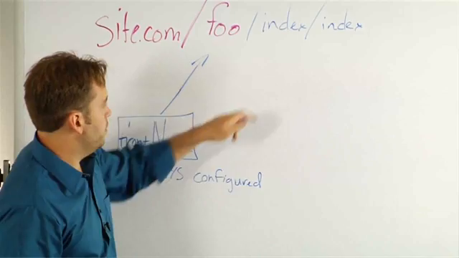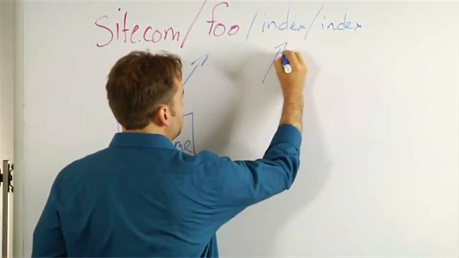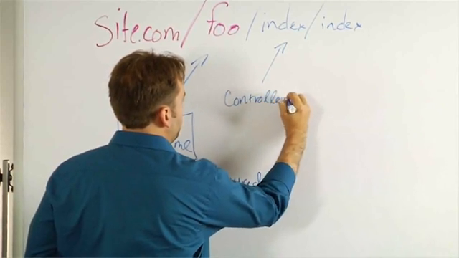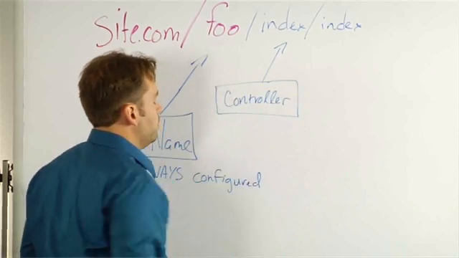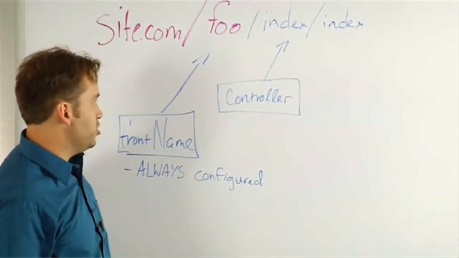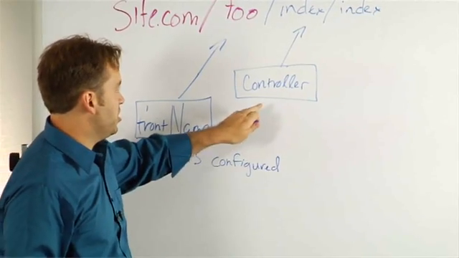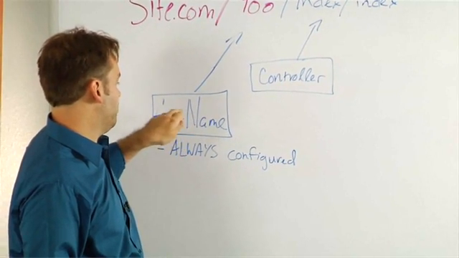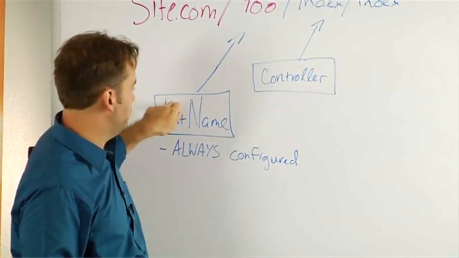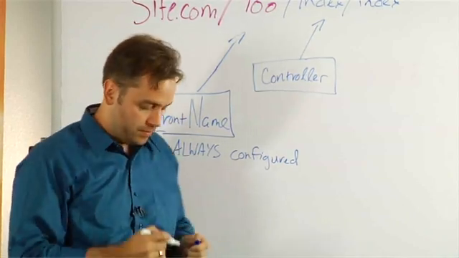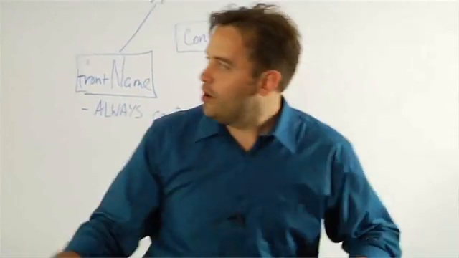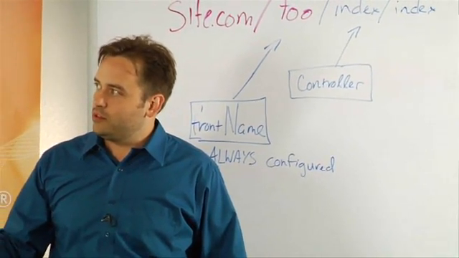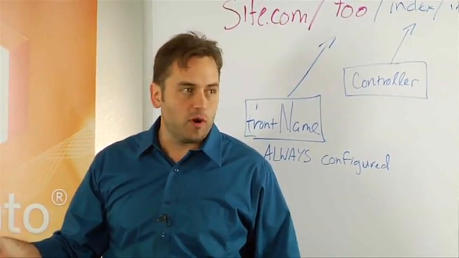All right. Controller name is just a matter of matching a path after the path that I've configured for my front name. So front name is used to match a module name or a module path, foobar.